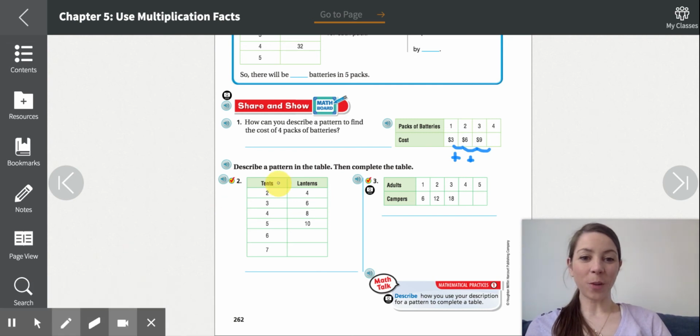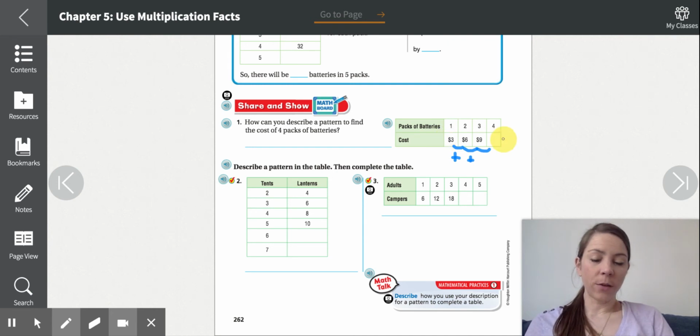Okay, so for number 1, as I'm looking at this table, and maybe I am going to go across first to find a pattern, if that's what you did. Across the top, they were just adding by ones, 1 pack of battery each time. And so now I need to find a pattern across the bottom so I can find this missing box. So what do they do to 3 to get to 6, and then 6 to get to 9?